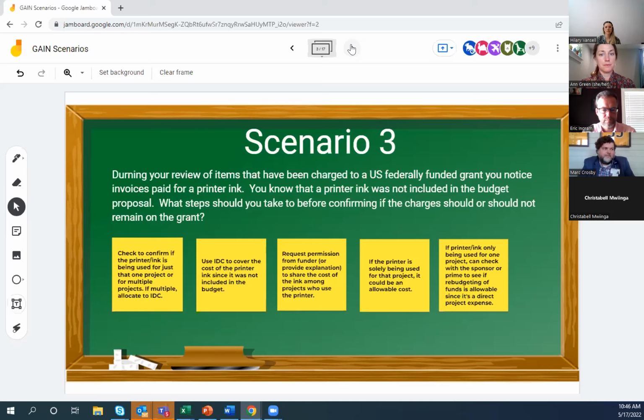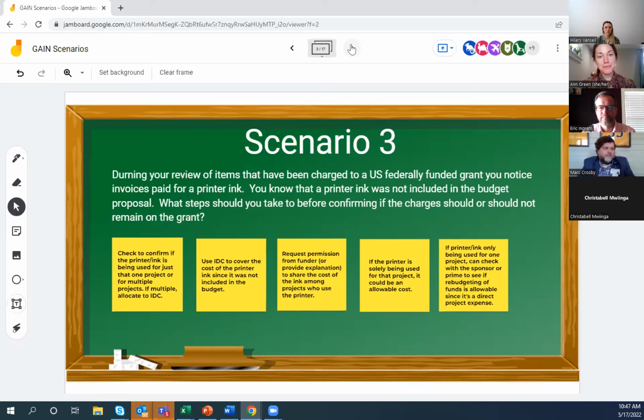So you look at the proposal, and if you discover that it was really not budgeted for, then you start looking at what steps to take. The first step that we identified was that we needed to confirm if the printer ink was being used by the project or for the purpose of project implementation.